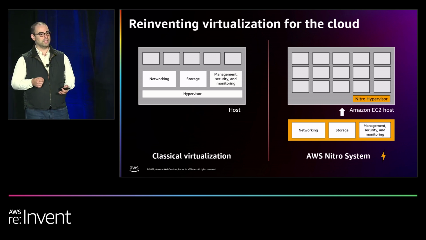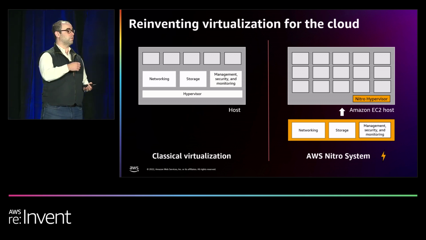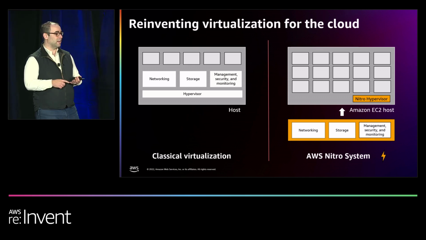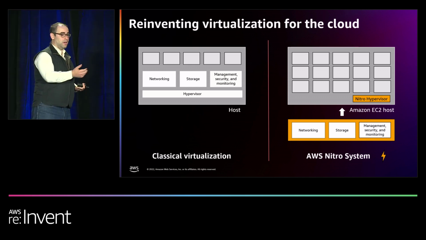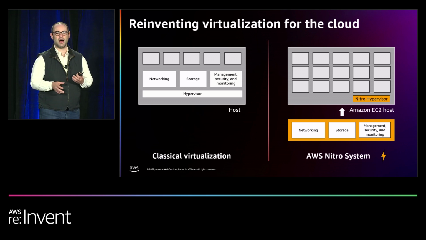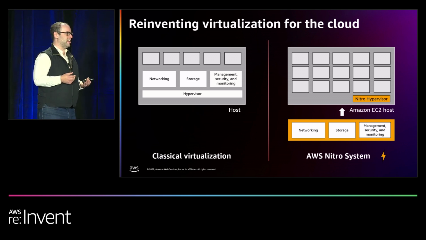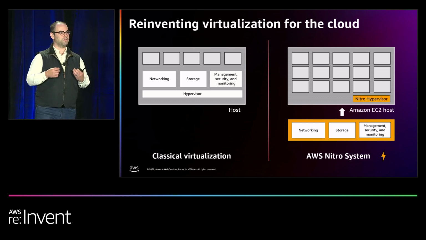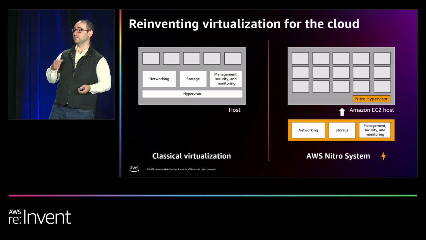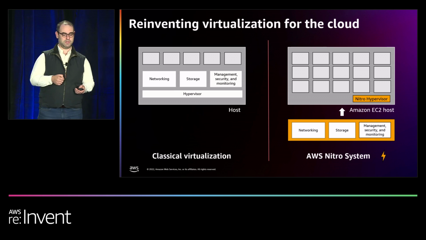This allows us to dedicate the full performance of the system mainboard, that's your Intel, AMD, even Graviton server chip, to customers, and to adopt sort of a microservices-like architecture using physical hardware and firmware that we have built and designed specifically for this purpose.